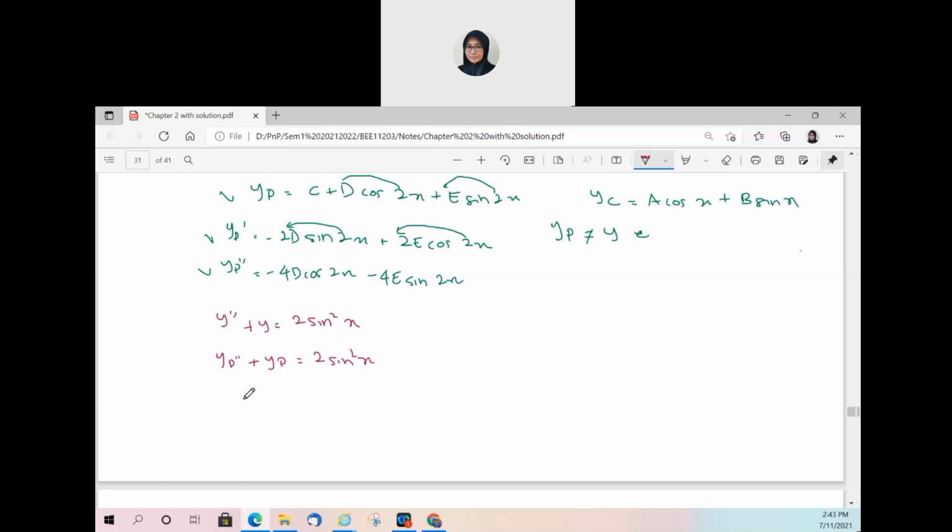YP double prime is this one: minus 4D cos 2x minus 4E sine 2x. And then plus with YP, this YP: C plus D cos 2x plus E sine 2x equals to 2 sine square x. Right. Negative 3D cos.